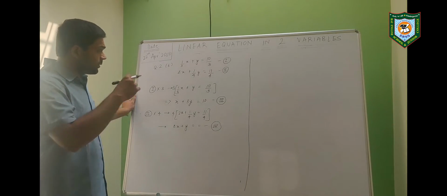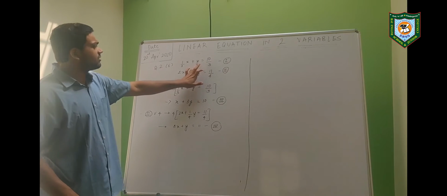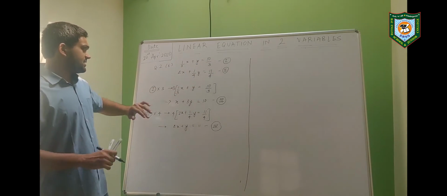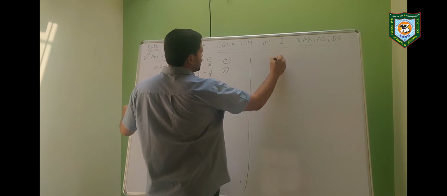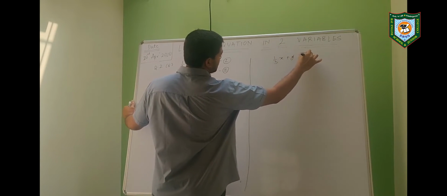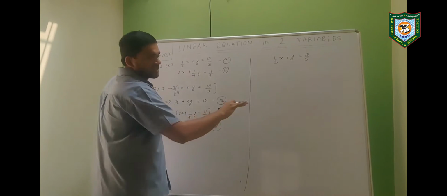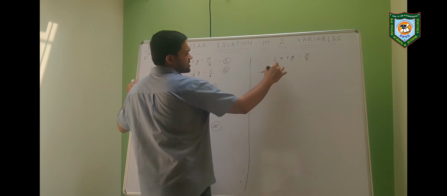Now, some of you might be wondering that luckily in this case we have 3 here. Let's say we do not have a 3 here and we have a 5 instead. So I have a new question, 1 by 3x plus y is equal to 10 by 5. In this case, all we have to do is take the LCM as we have learned in earlier classes.